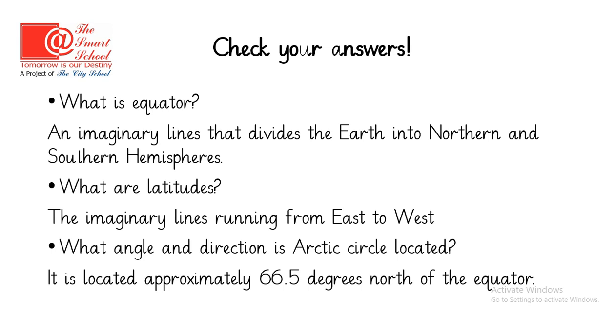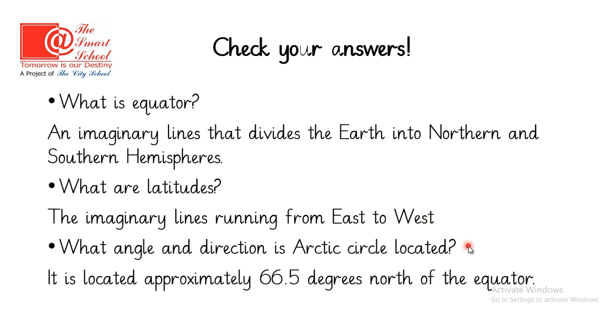Now check your answers. What is equator? Yes, it's an imaginary line that divides the earth into northern and southern hemispheres. What are latitudes? Yes, these are imaginary lines running from east to west.